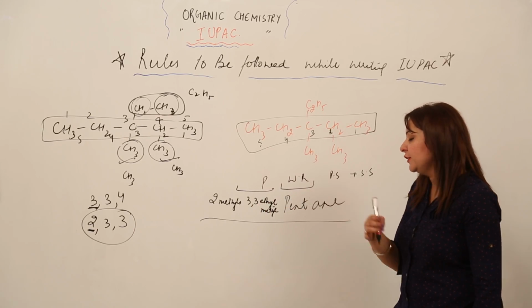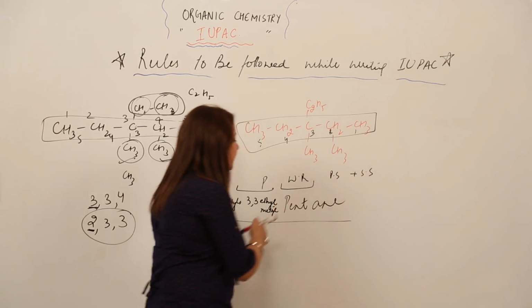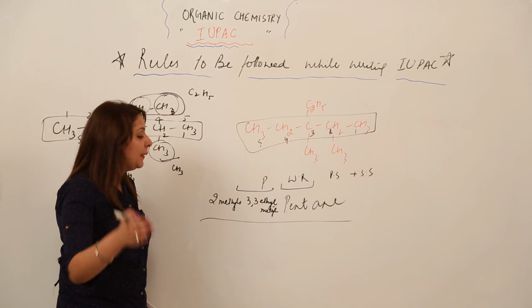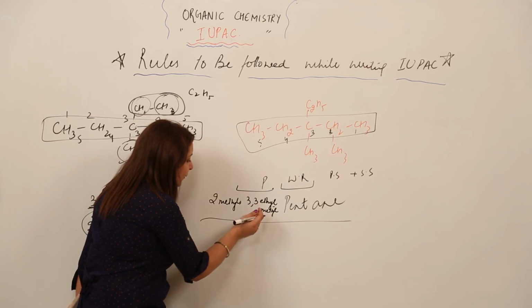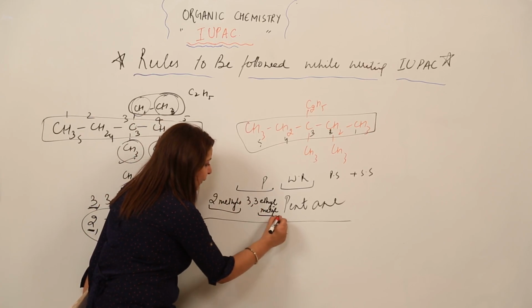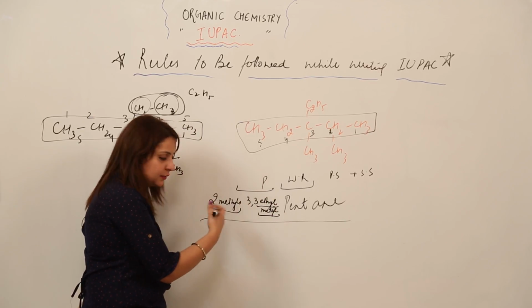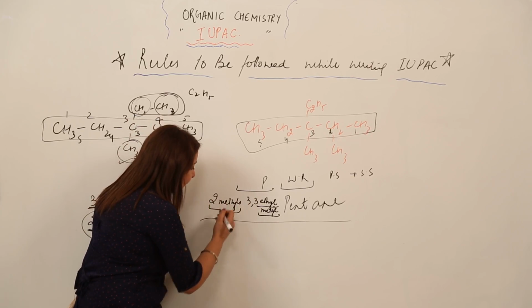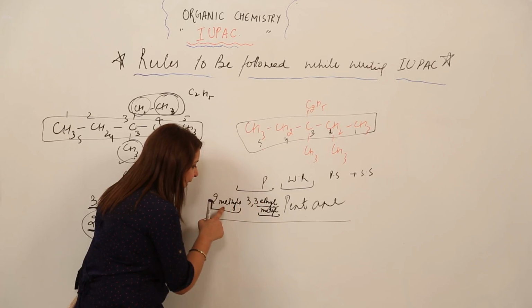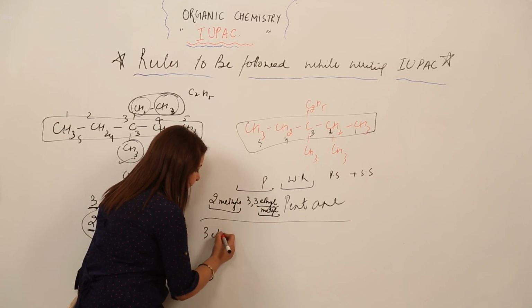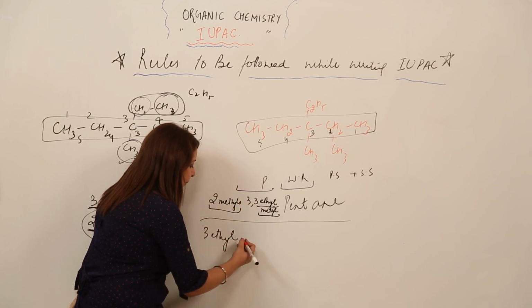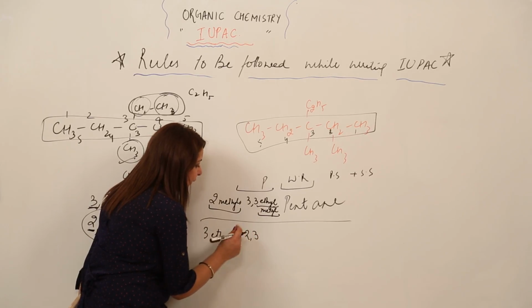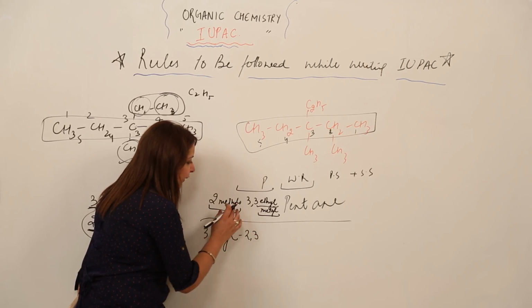Or we can write it in either way, but do you think that it is a correct one? We can write in a proper manner. When we write, we count the methyl groups together, and the ethyl group is not included with them, right. So first, out of ethyl and methyl, E comes first. So we write 3-ethyl, next we have 2 and 3. What do we have on 2 and 3? 2 methyl groups.